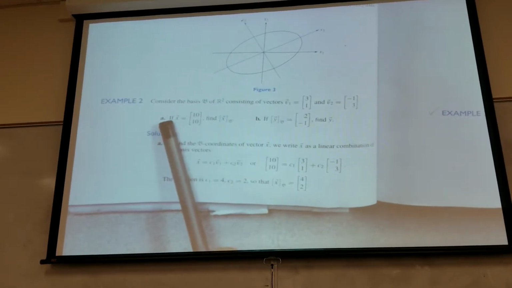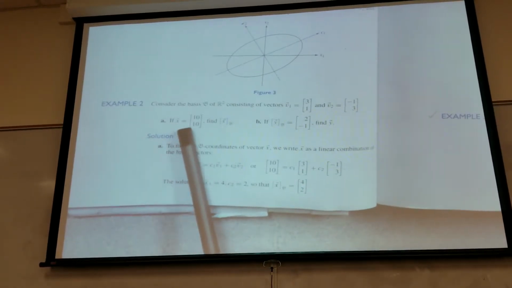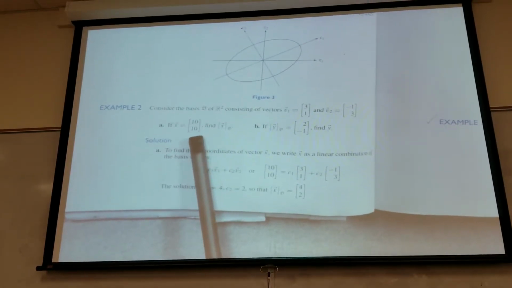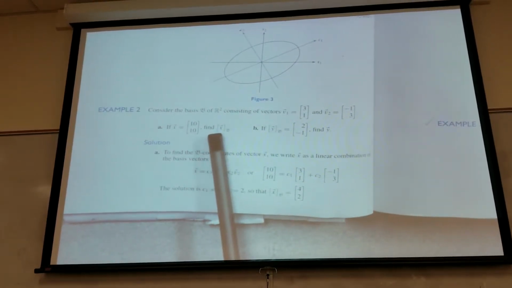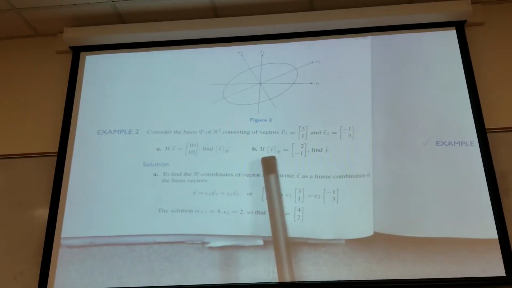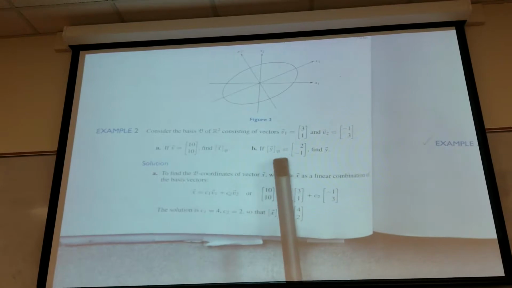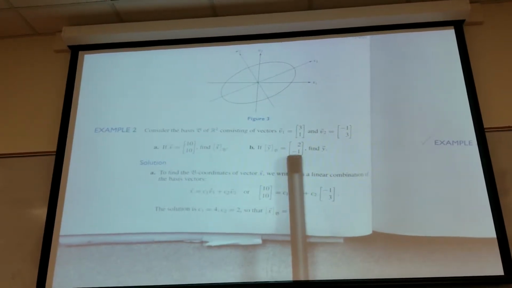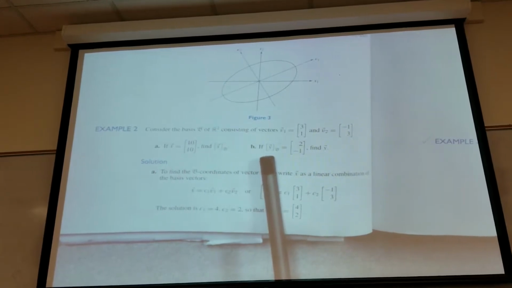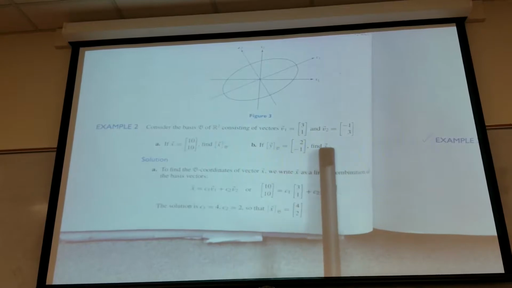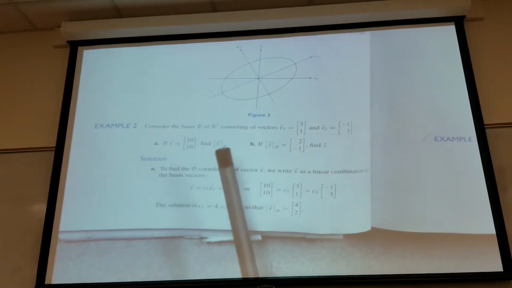In part A, they give you the vector, say 10, 10, and ask you to find the coordinate vector. Part B is in the other direction. They give you the coordinate of a vector x, 2 and minus 1, and ask you to find x.